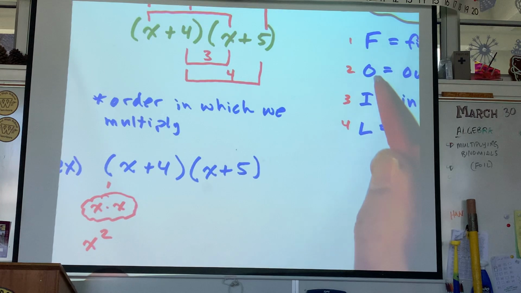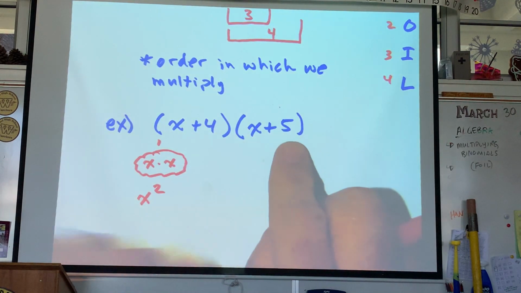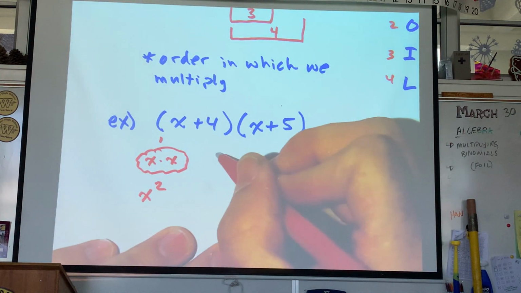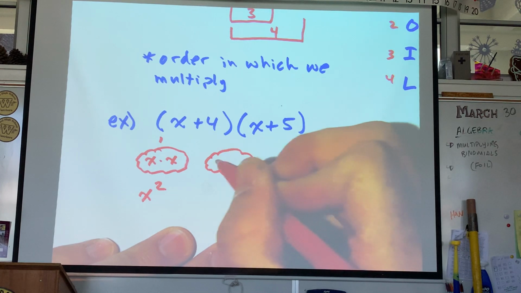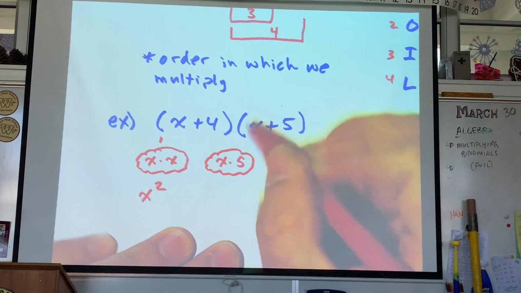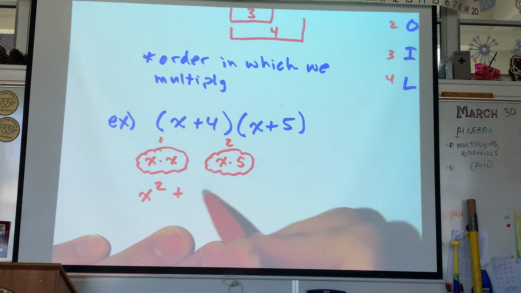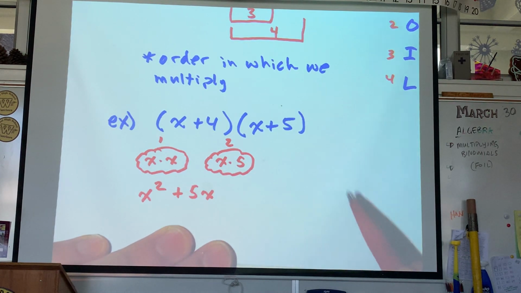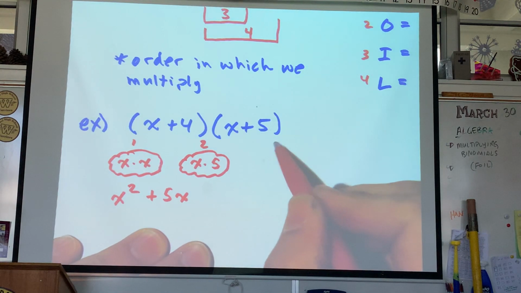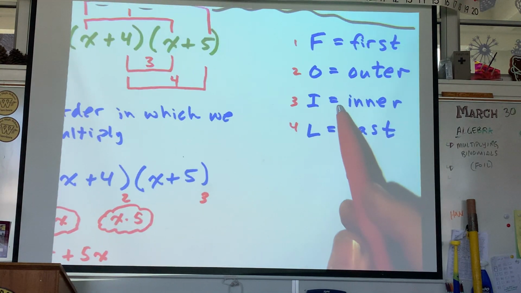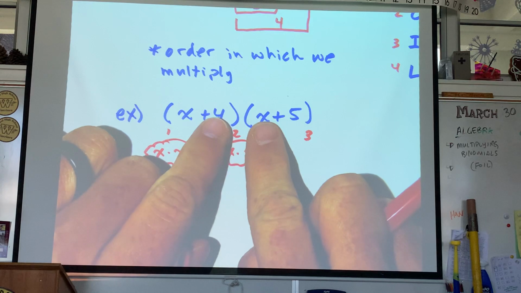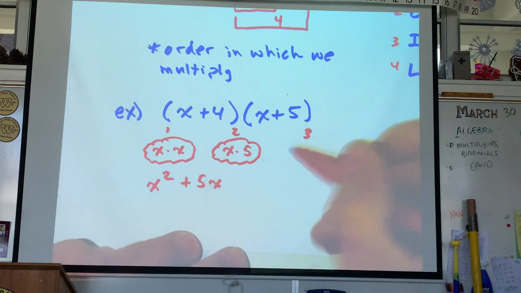The second portion was the outers. Outers would be the x times 5. X times 5. It is not x5, it's actually positive 5x, all right? Number 3, we're going to do the inners. The inners would be 4 times x.